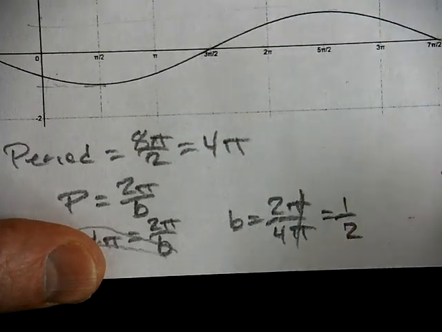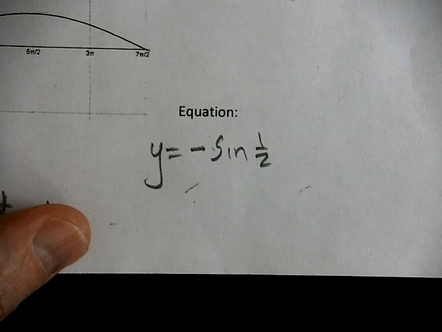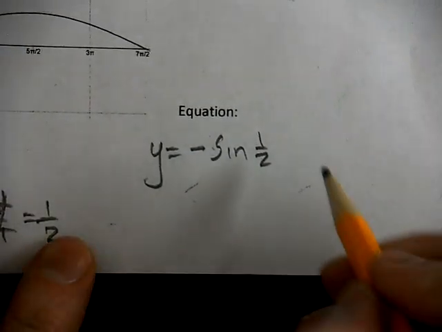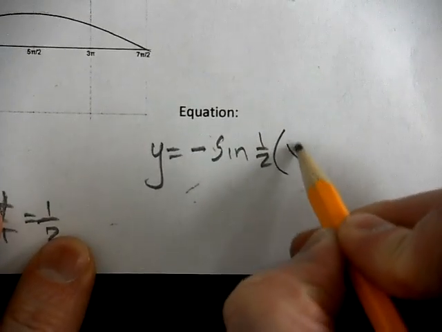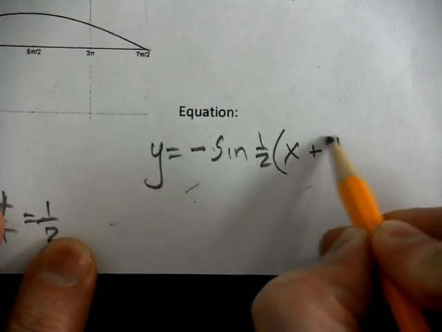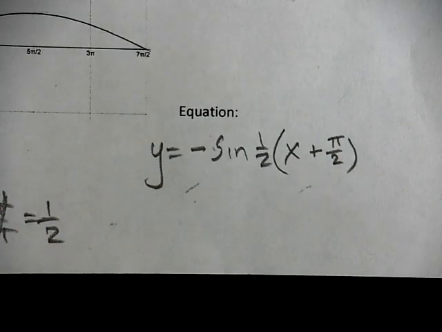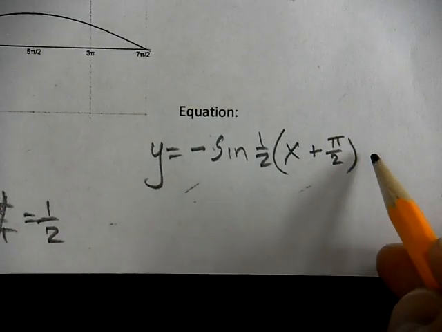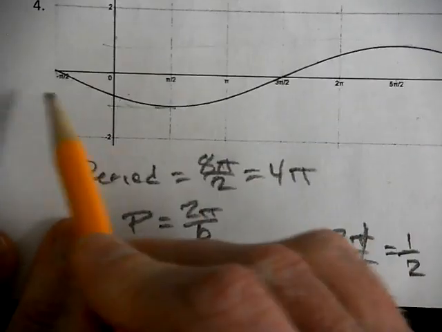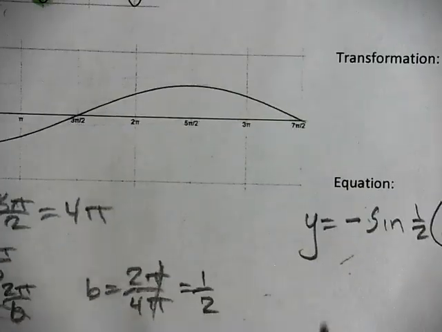Sine, we decided that the b value was 1/2. Now we have to use parentheses because we see that it's being translated to the left pi over 2, but it is not going up or down any. That midline is right on the x-axis.